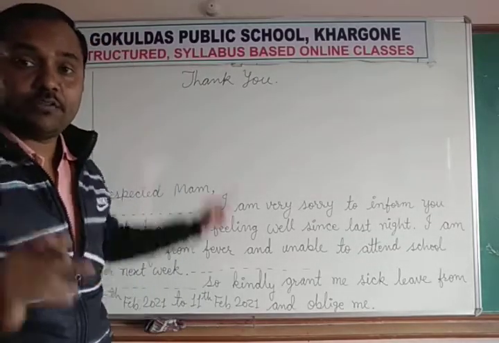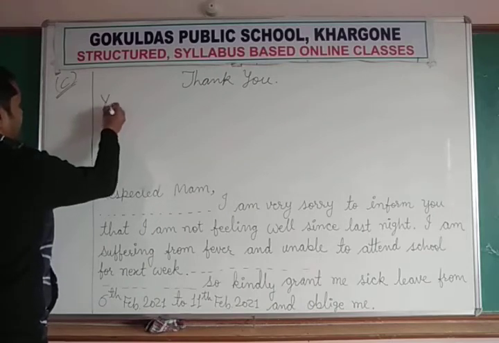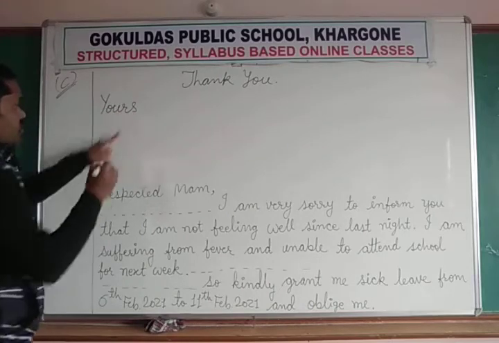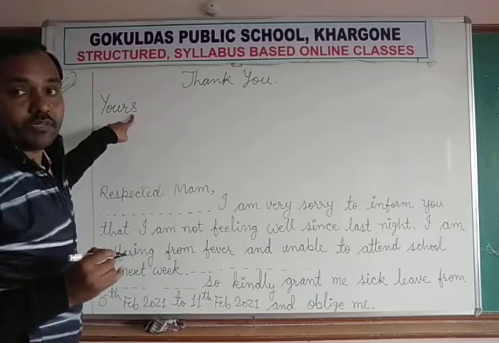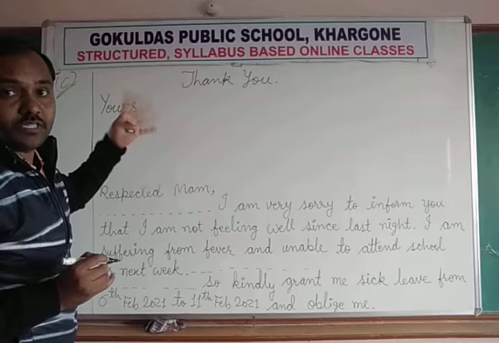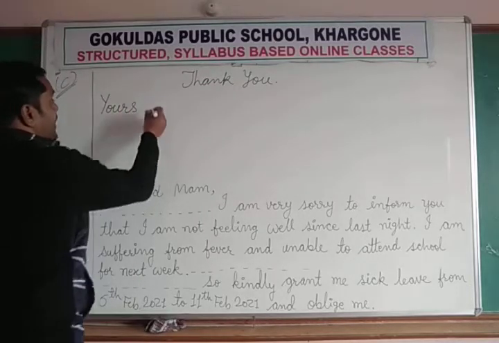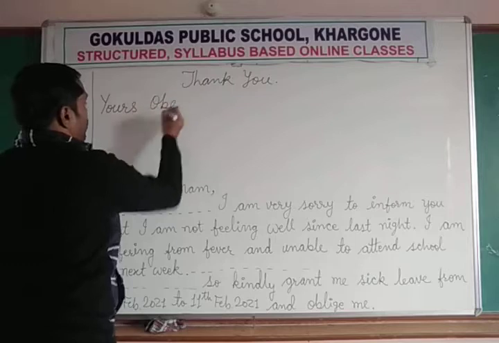Like who is writing this letter? Now you start with the capital letter. Yours. Now S will also come here. Yours. And no apostrophe. No need of apostrophe. Only yours. Then obediently. O is capital.